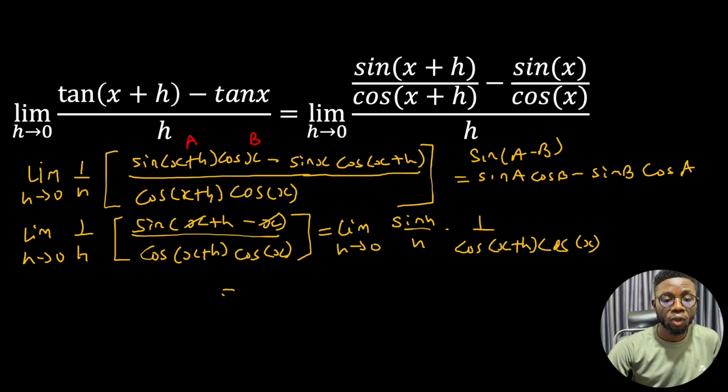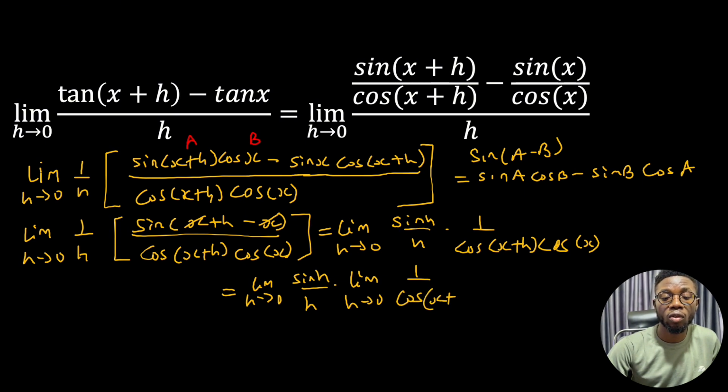So this is going to be the limit as h goes to 0 of sine h over h, multiplied by the limit as h goes to 0 of 1 divided by cosine of x plus h multiplied by cosine of x. If I take the limit of this separately, anytime you have the limit as h goes to 0 of sine h over h, or even h over sine h, it is a general limit which is always going to be 1.